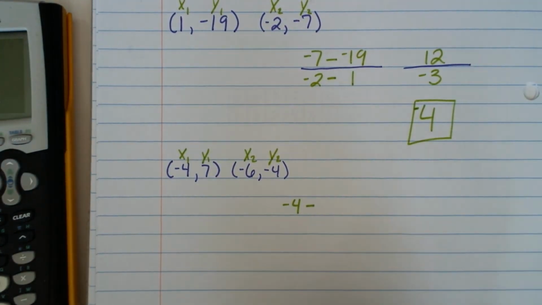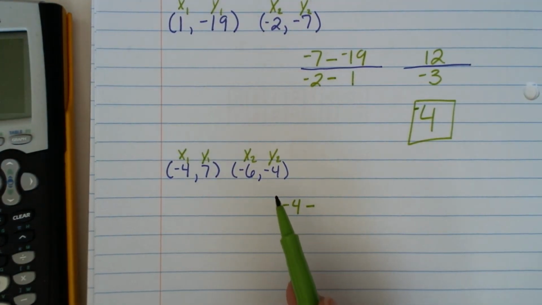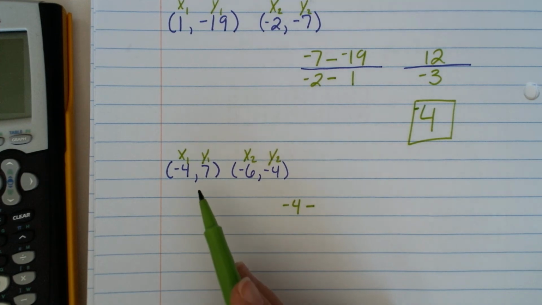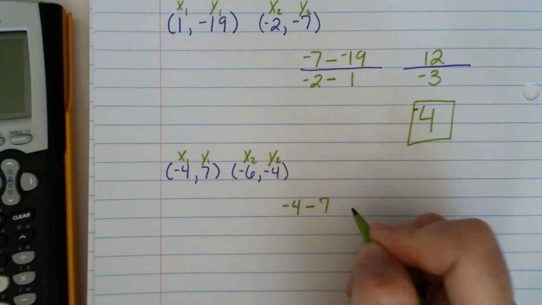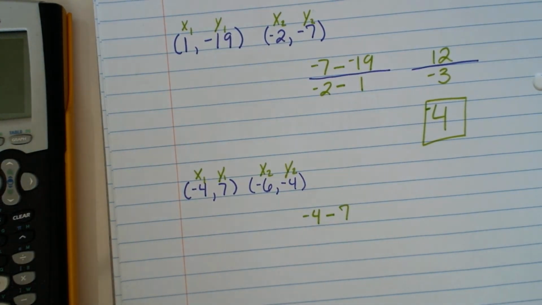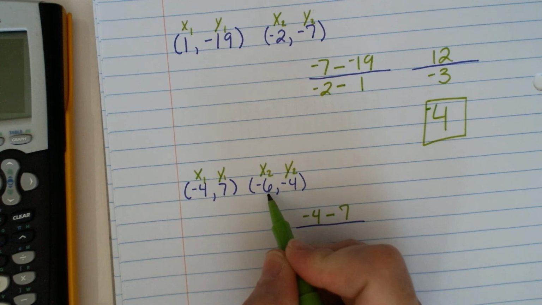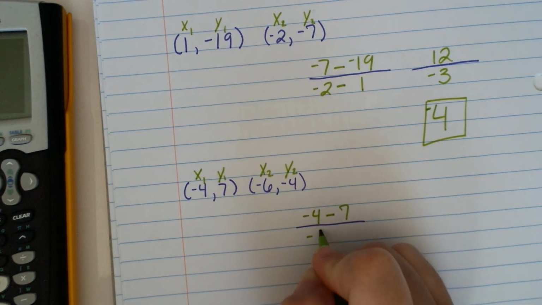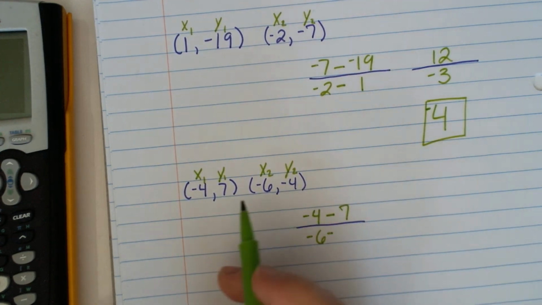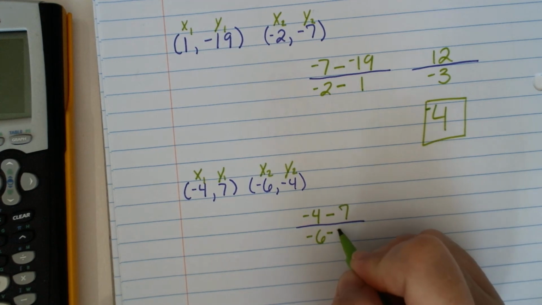So y2 is negative 4 minus y1 is 7 over x2 minus x1. x2 is negative 6 minus x1 is negative 4.